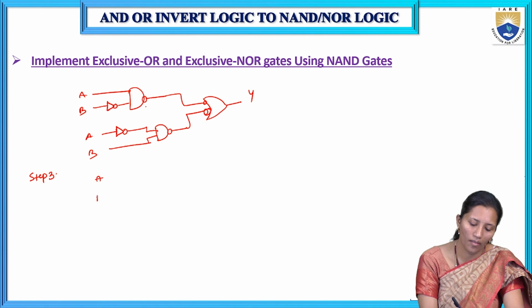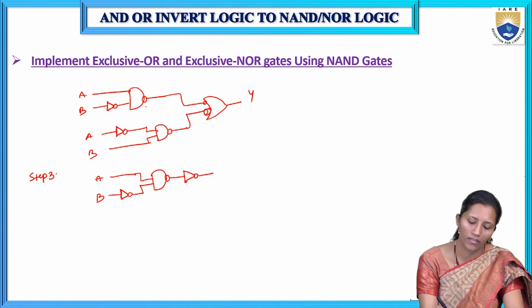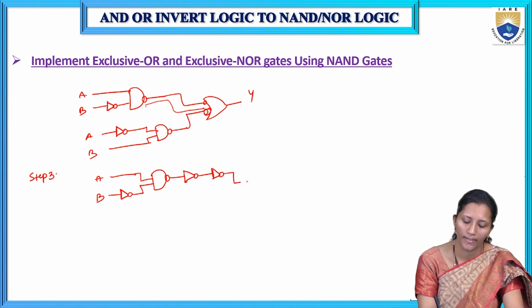So here A, B, here we are adding one bubble. We added one bubble, so here we have to add one inverter. And for the OR gate also in the same line, we are adding two bubbles. So another inverter we have to add here.